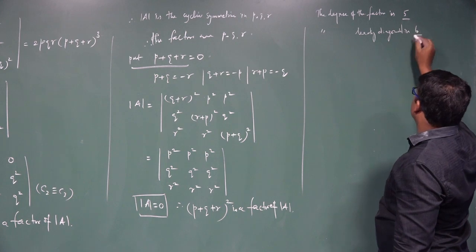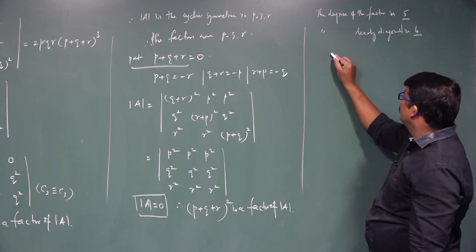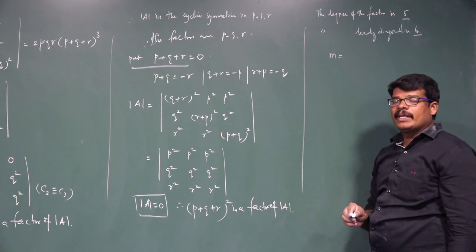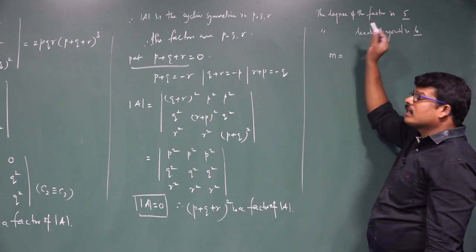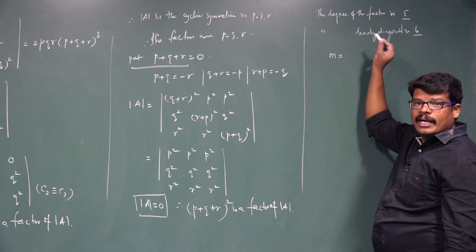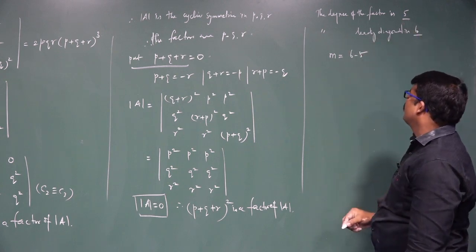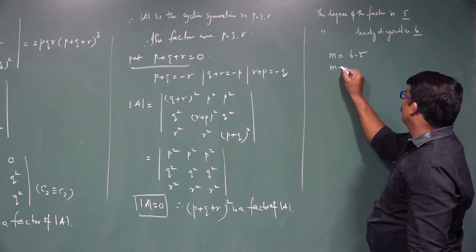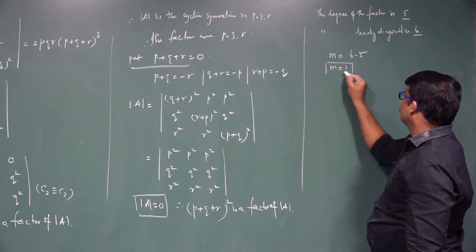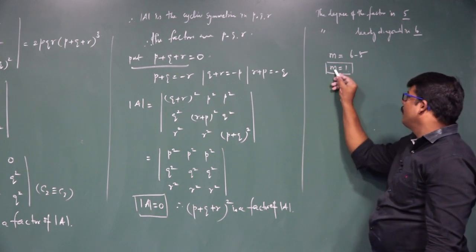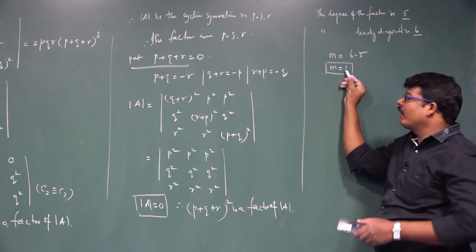The degree of the leading diagonal is 6. Next one, find M, where M is the difference between the degree of the product of the leading diagonal elements and the degree of the product of the factors. 6 minus 5 is 1. This M value is equal to 1. Then find the required factor.